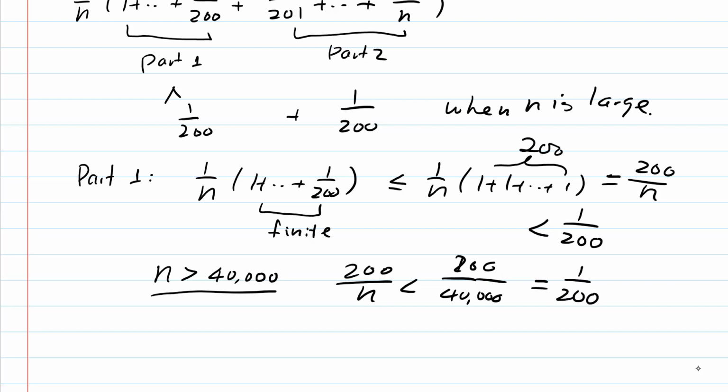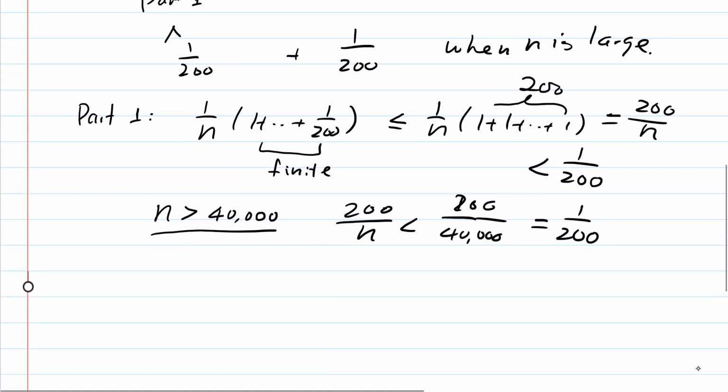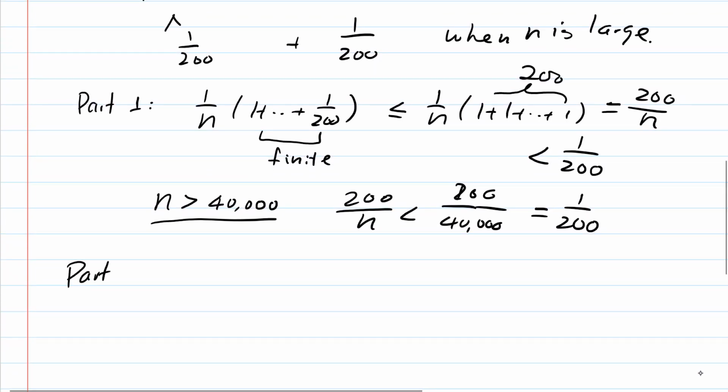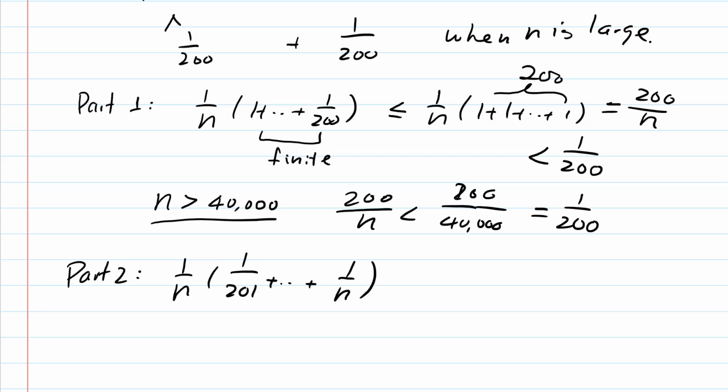So this is for part 1. And for part 2, it's easier because now we have 1 over n, and then we have 1 over 201, and then over here. And if you look at how many terms we have, this is n, this is 201. So we have over here n minus 200. So this is going to be less than or equal to 1 over n and 1 over 201 and 1 over 201, right?